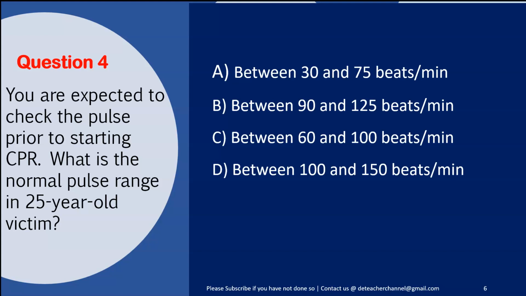B, between 90 and 125 beats per minute. C, between 60 and 100 beats per minute. D, between 100 and 150 beats per minute. So make your choice, and then we go to question 5.